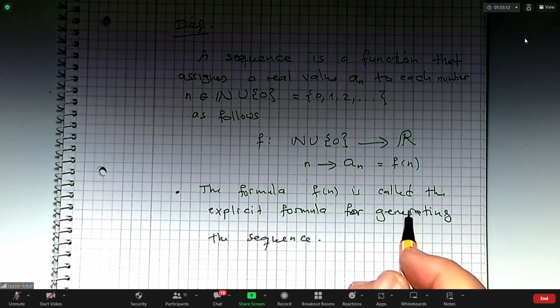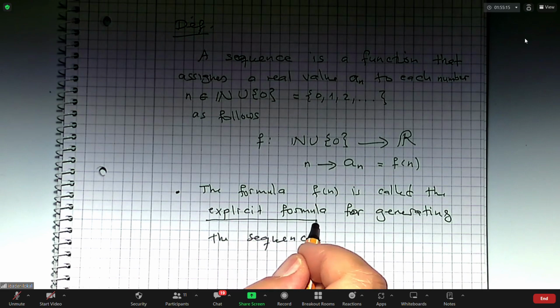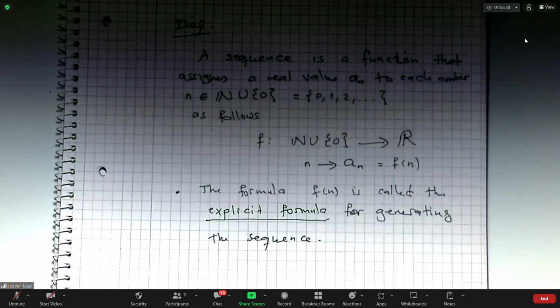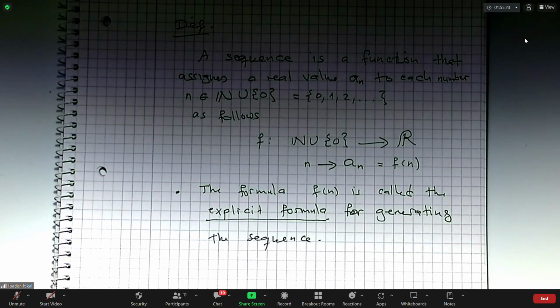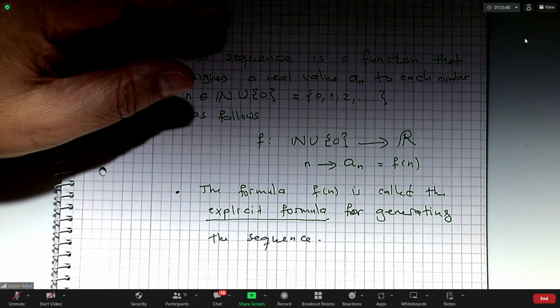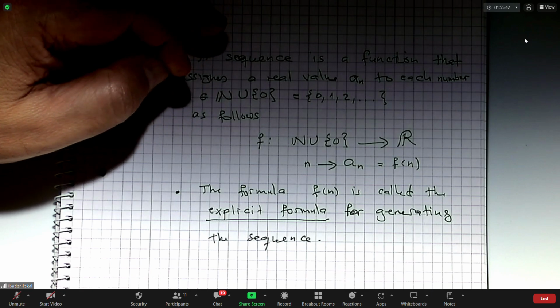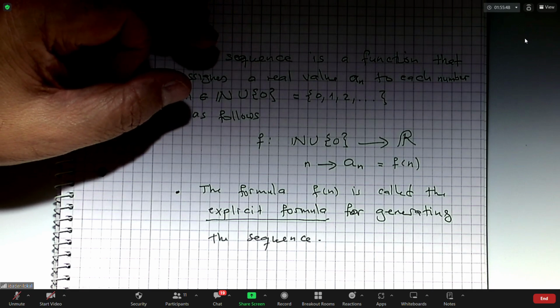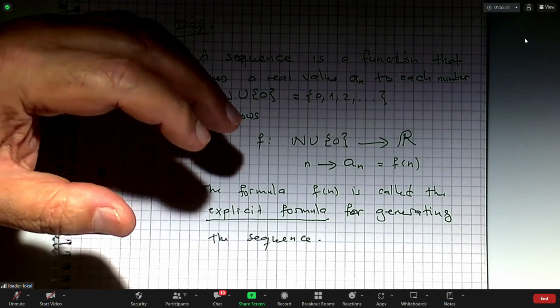Okay, now the explicit form is usually a function. Okay, it's just a function. For instance, what would you do to evaluate the, let me just finish, and then we will take an extensive example and see how to generate the sequence in the previous example, 3, 6, and so on. Okay, so the explicit formula is just a function.